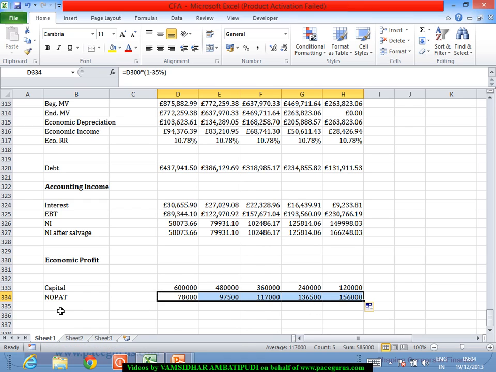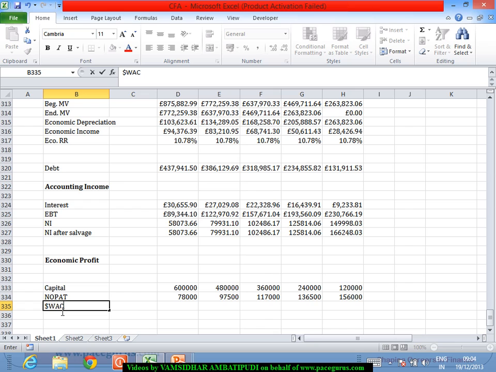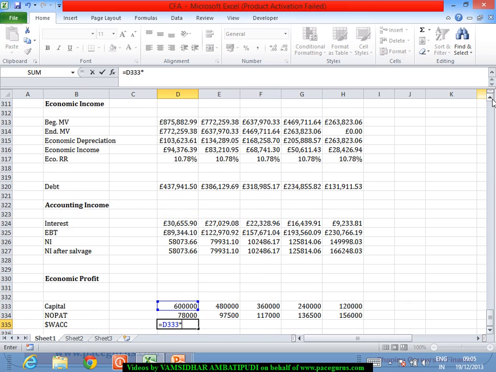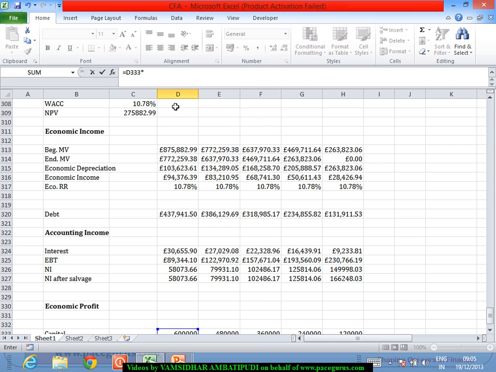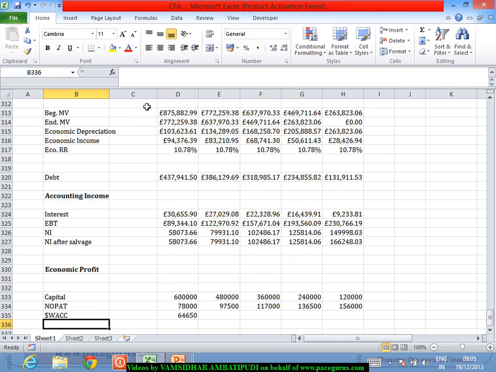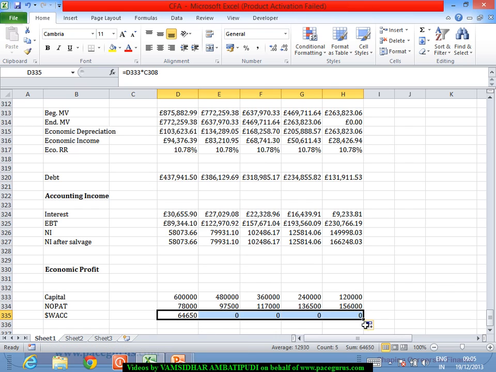And when I look at dollar WACC, which is nothing but whatever is my capital multiplied by the weighted average cost of capital, these are the expected returns.